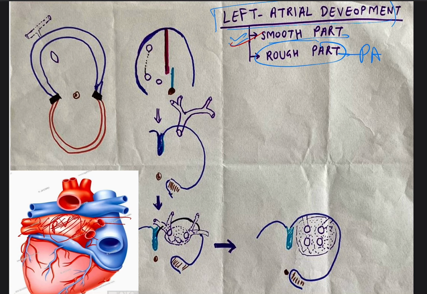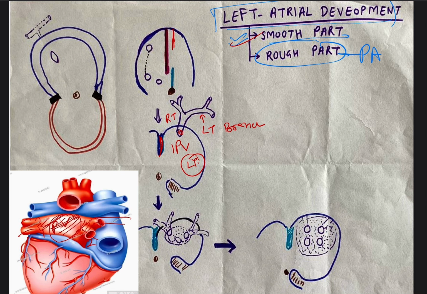Simple. At the beginning, when the septum primum is just starting, when the septum primum is developing, at that time only one pulmonary vein opens into the left half of the primitive atrium. But when we trace away from the heart, the vein divides into right and left branches.